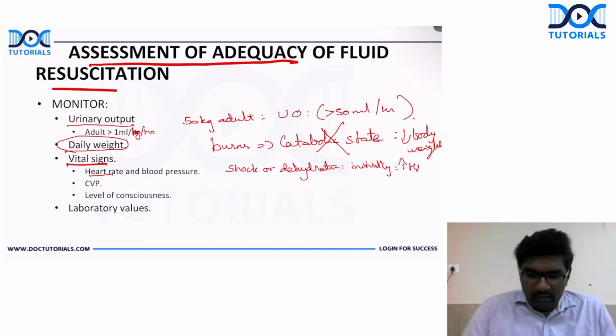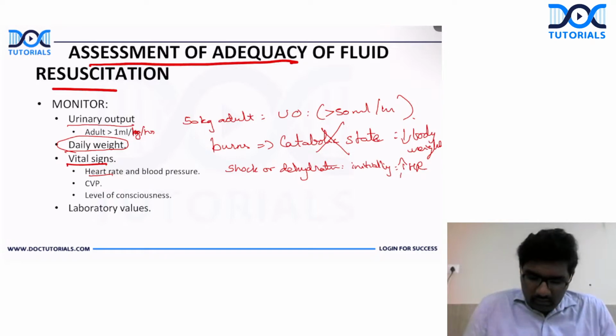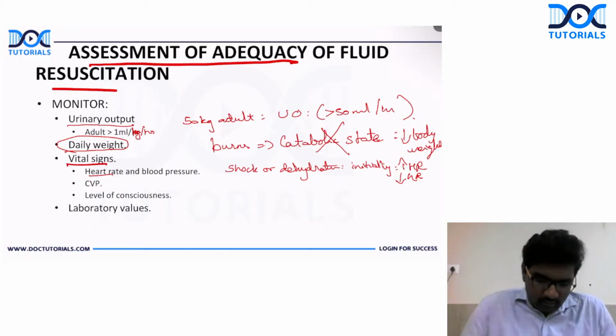Heart rate will be high. In a refractory condition, or when the patient's heart fails, he will go for a bradycardia, which can also progress to cardiac arrest. And blood pressure, it will be hypotension.